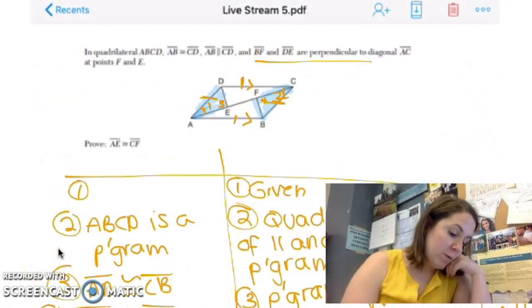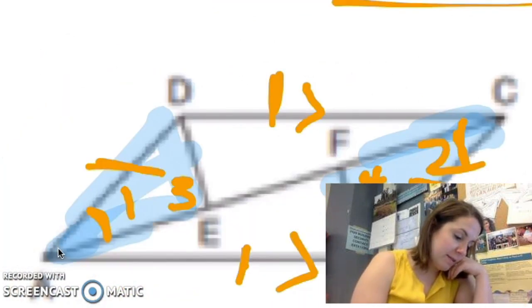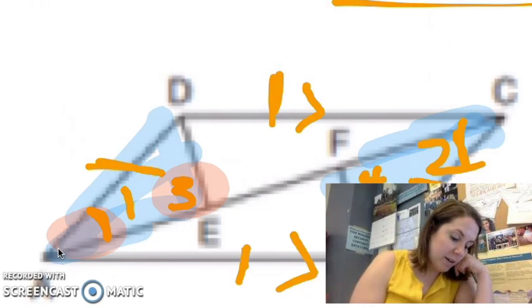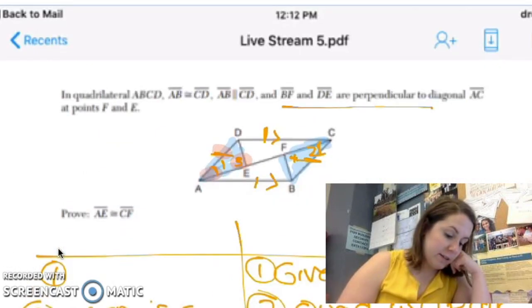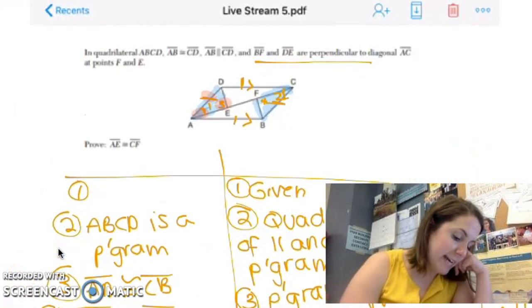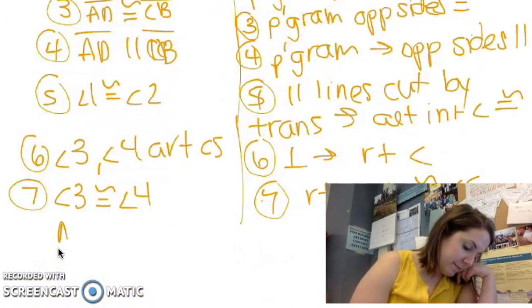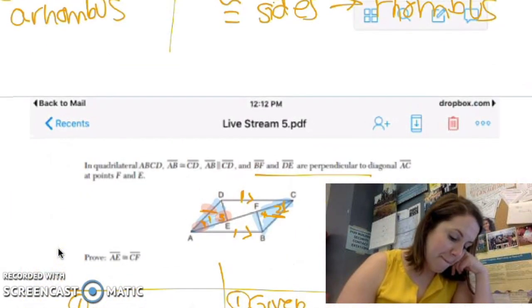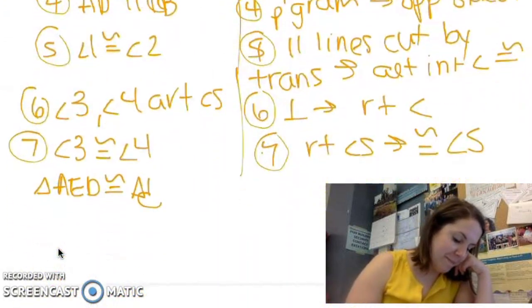So now, when I look at this, let me change my highlight color. I have angle, angle, side, right? So these two triangles would be congruent by angle, angle, side. So triangle AED is congruent to triangle CFB.